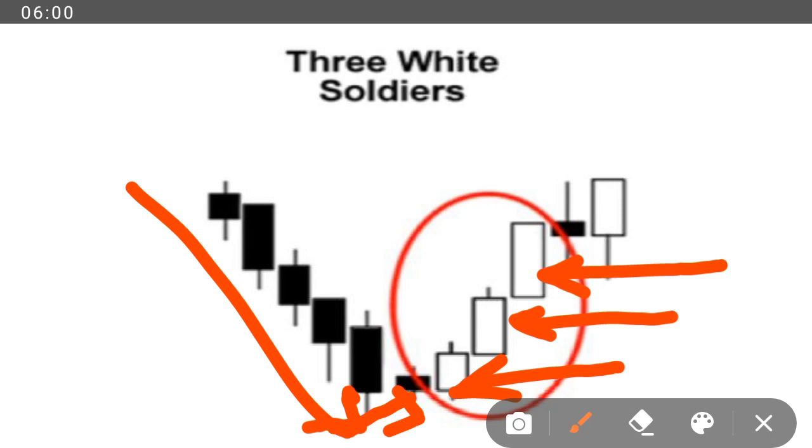It must occur on a support area, especially a major support. Once it happens there, that means a reversal has taken place. It is time to buy. So that's the three white soldiers.